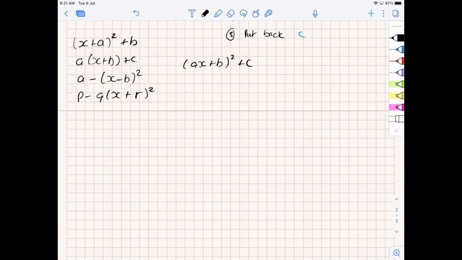Okay. Now, maybe one of you can answer this question. If you had to choose between completing the square to find solutions or the formula, what's the easiest way to work out which is the best way? I wonder if any of you know.